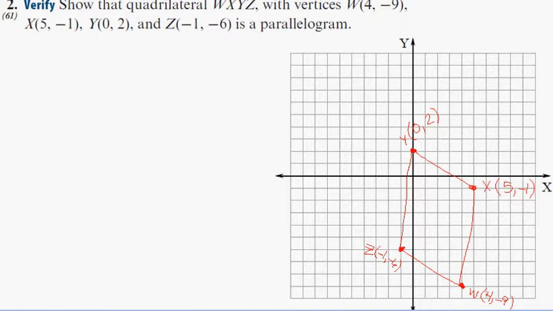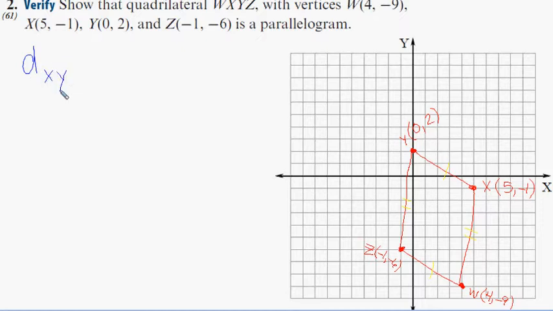is a parallelogram. What I chose to do was to take the distances. I'm proving that this is congruent to this, and that these two are congruent. So I'm doing that systematically using the distance formula, and I've marked with subscripts the dimensions that I'm finding first.